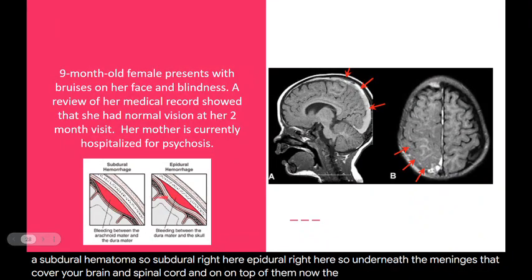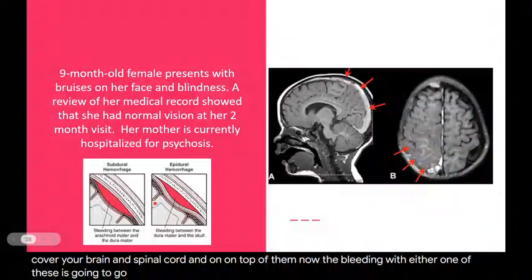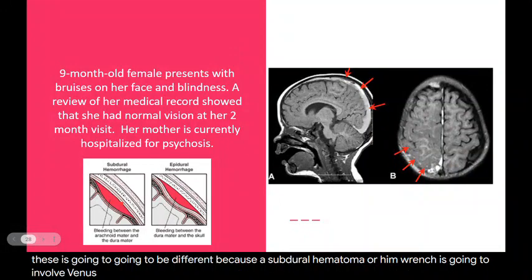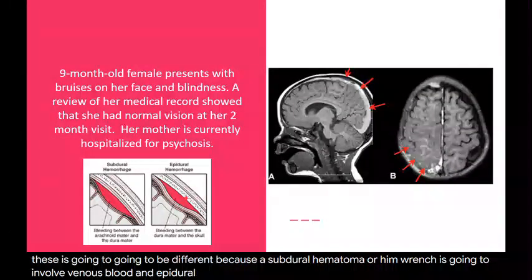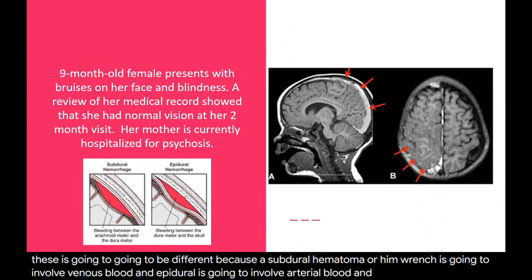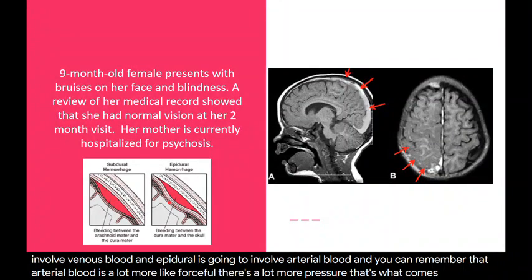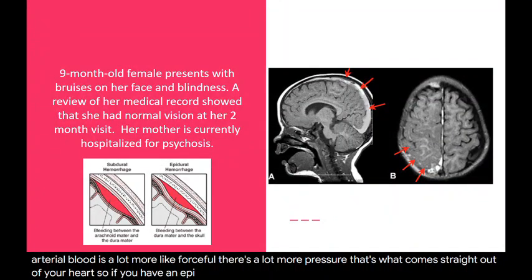Now the bleeding with either one of these is going to be different, because a subdural hematoma or hemorrhage is going to involve venous blood, and an epidural is going to involve arterial blood. And you can remember that arterial blood is a lot more forceful, there's a lot more pressure, that's what comes straight out of your heart. So if you have an epidural hemorrhage, it's going to be massive and fast.